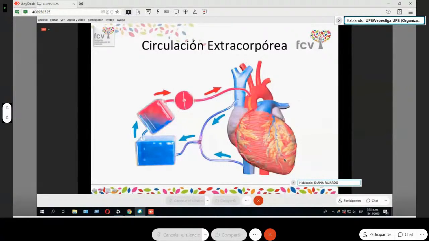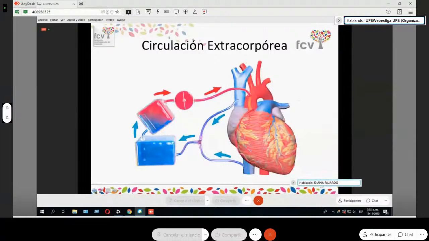It goes through a pipe, or what we call a circuit, to a reservoir, which is a container where we have the dirty blood. And from there, it goes through some pumps that send the blood through an oxygenator, which oxygenates blood, as the name says. And through the hoses, we send the blood to the main artery, already oxygenated.